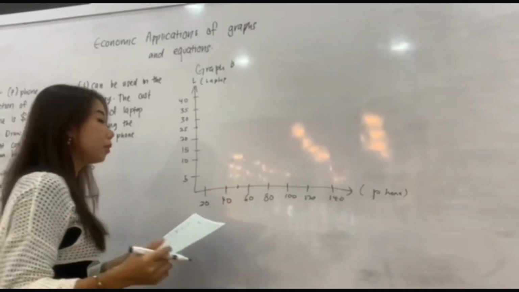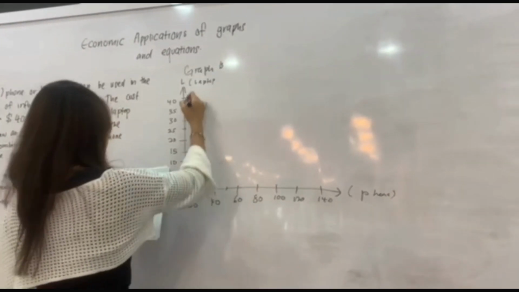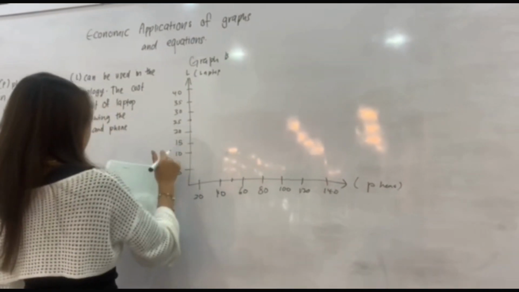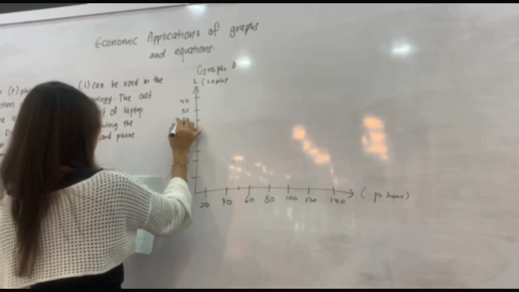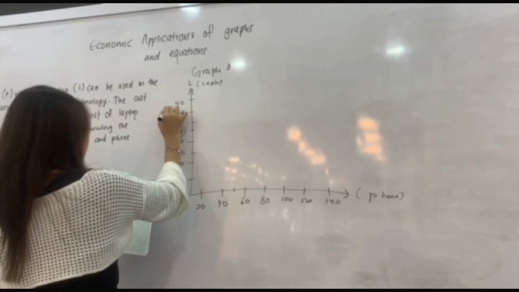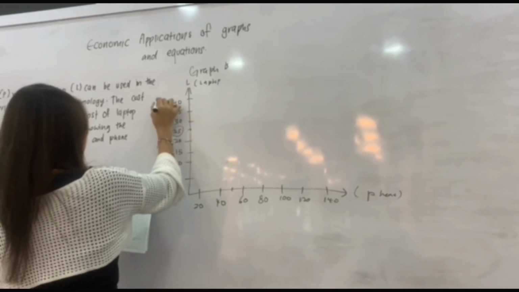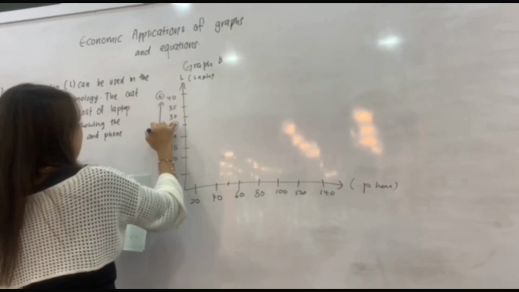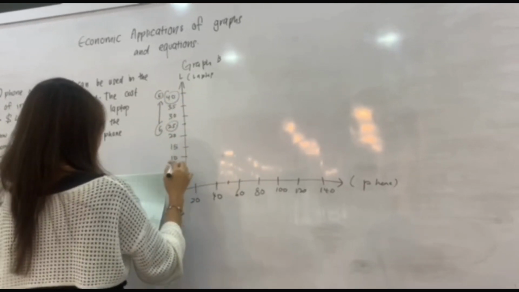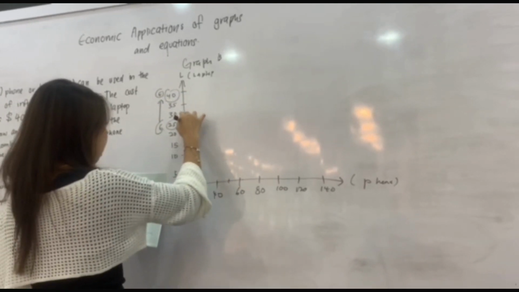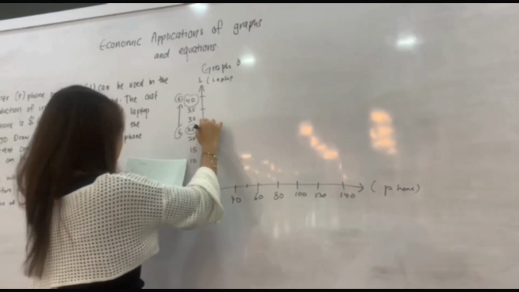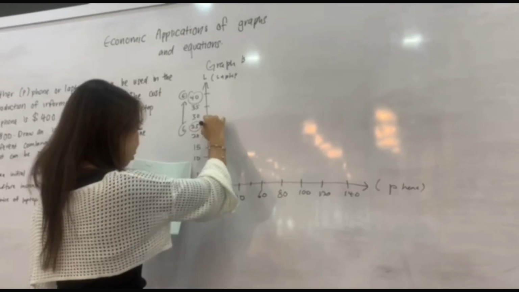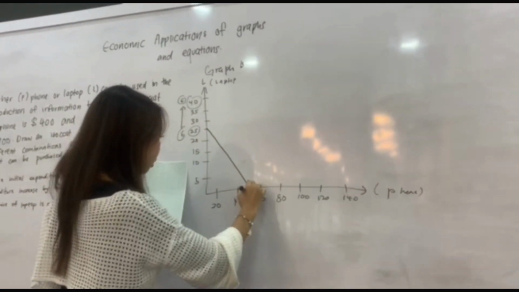So for the graph P, we need to line 25 E expenditure, so up to 40 expenditure. So first step, we need to gariskan daripada garisan yang graph A tadi to 50.